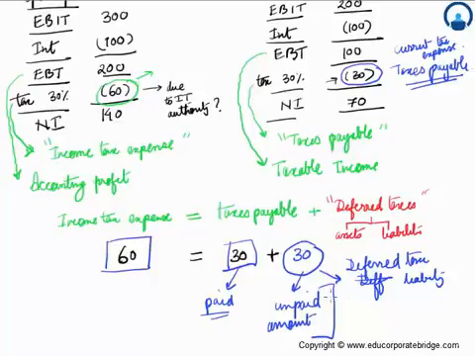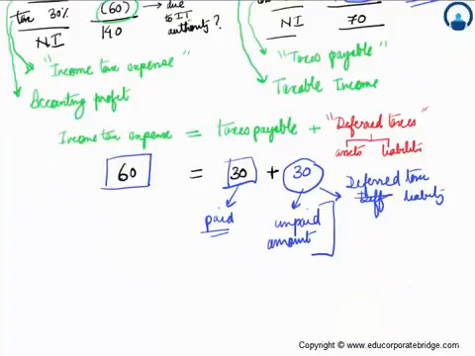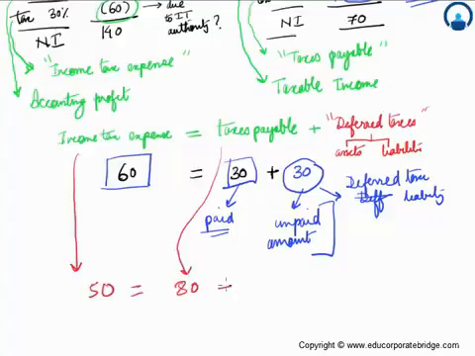Now you may be wondering, if this number is negative then what? Let me explain that situation. Let's say on the left-hand side the income tax expense was 50 and taxes payable was 80. What would this number be? It would be a negative number, right?